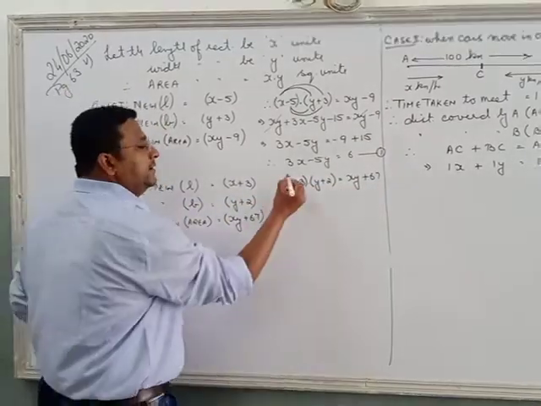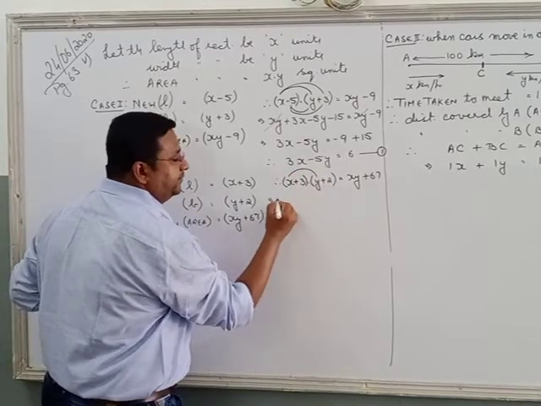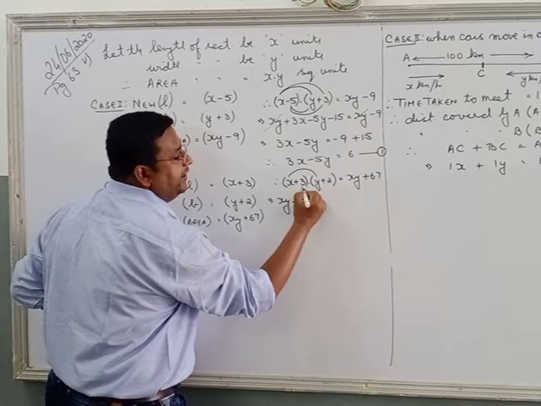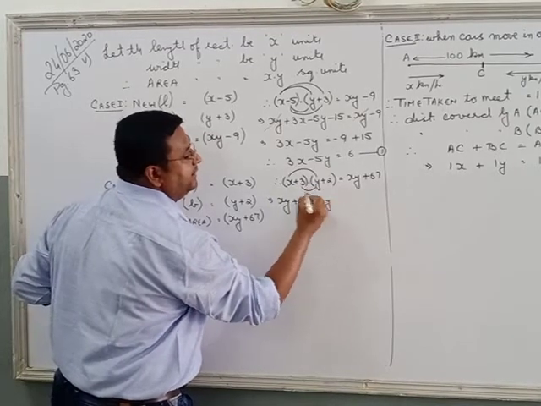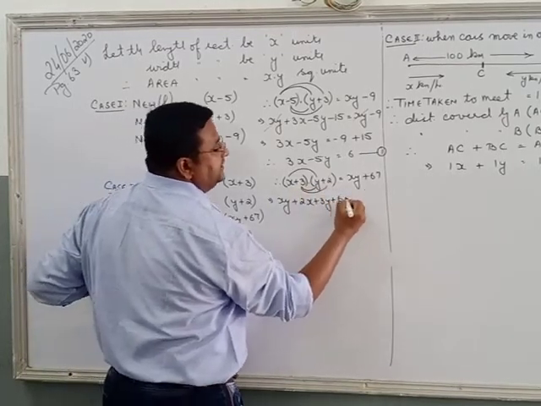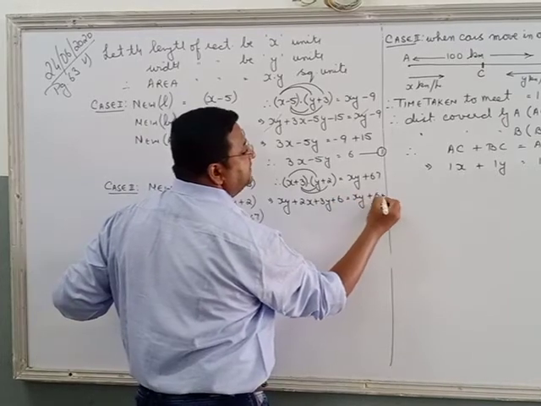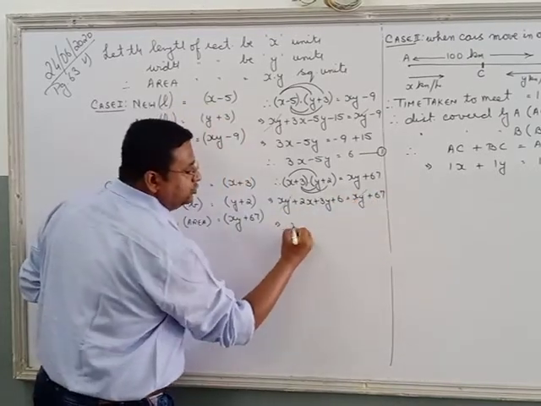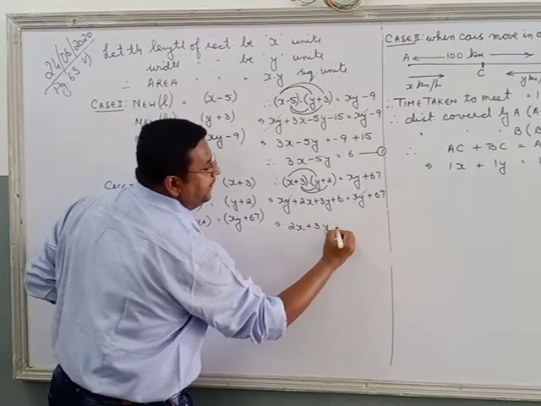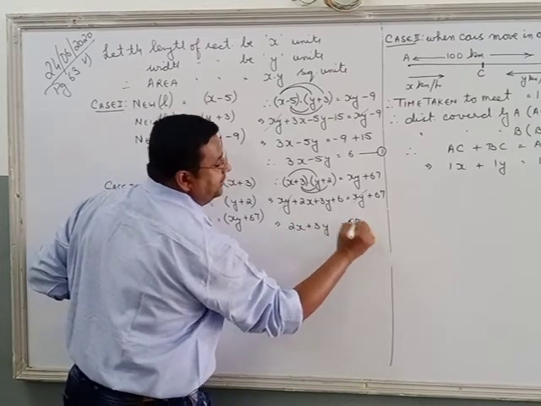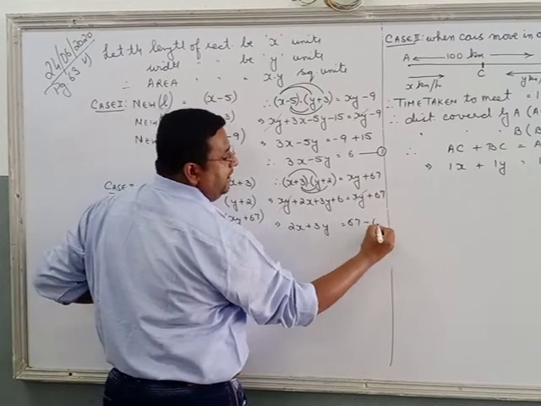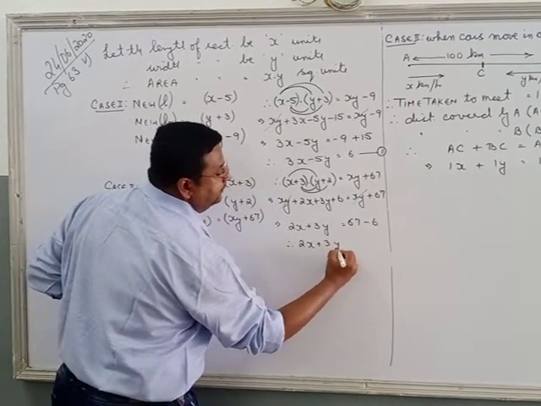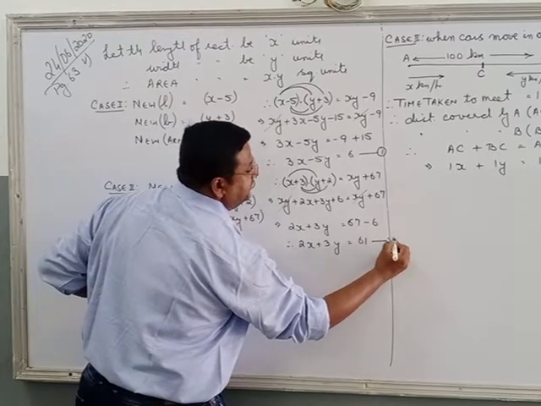Open the bracket. x into y, xy, x into 2, 2x, 3 into y, 3y, 3 into 2, 6 is equal to xy plus 67. Again xy cancels, so 2x plus 3y is equal to 67 minus 6. So the final equation is 2x plus 3y is equal to 61. Equation number 2.